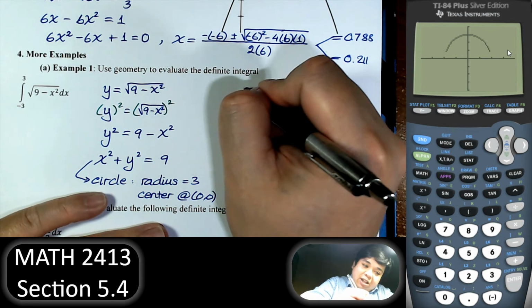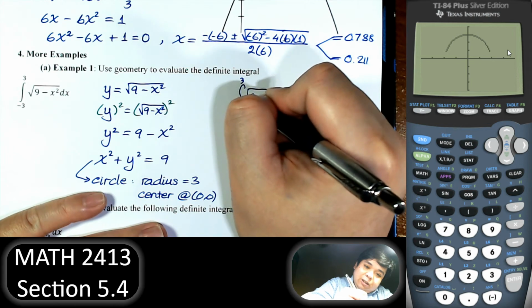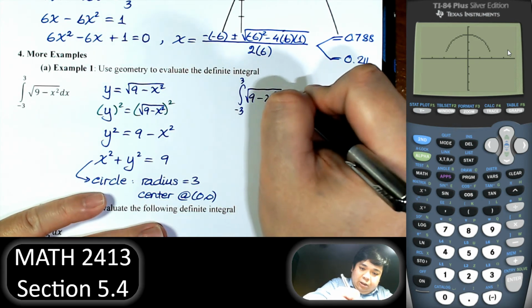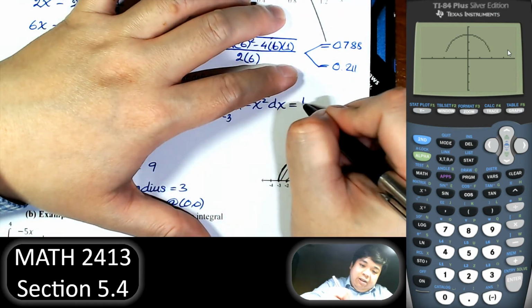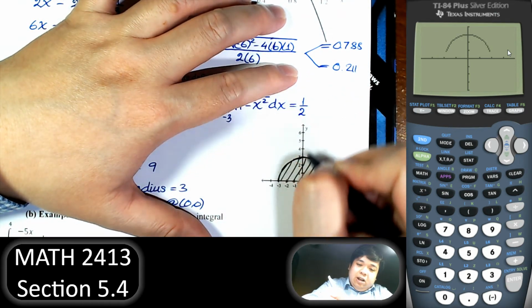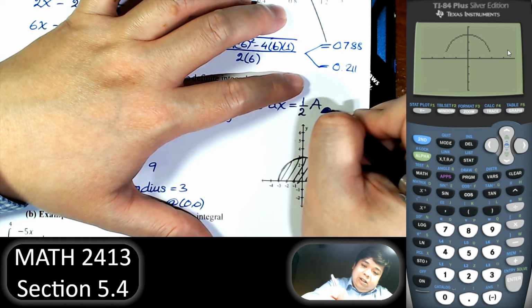So because of that, this is going to be 1/2 of the area of the whole circle.